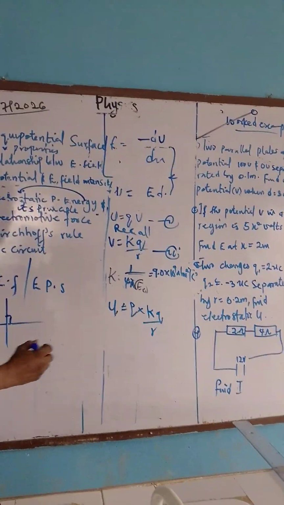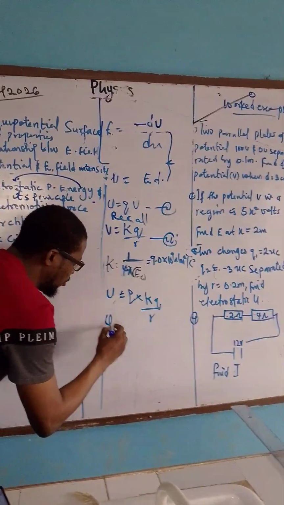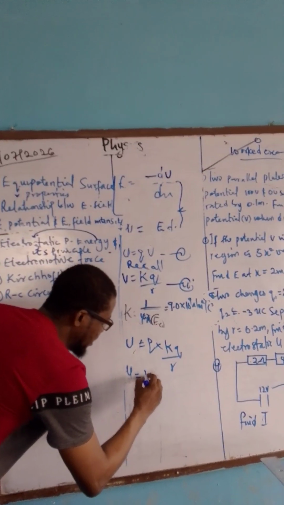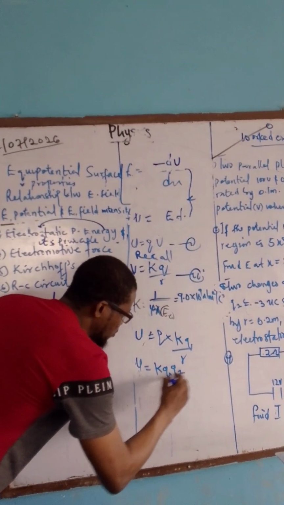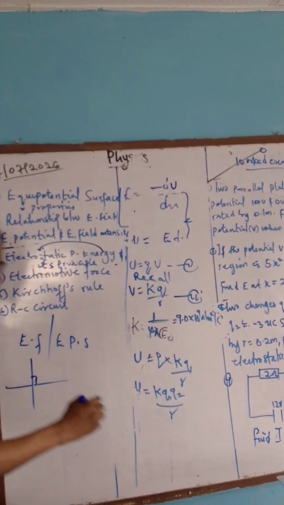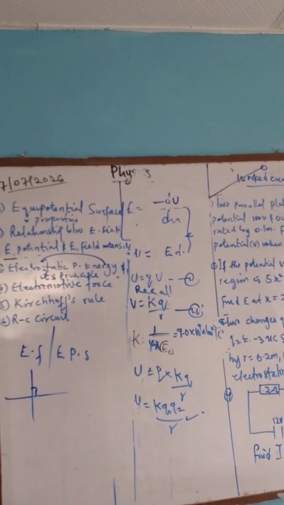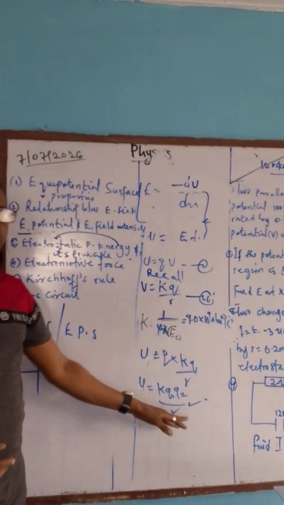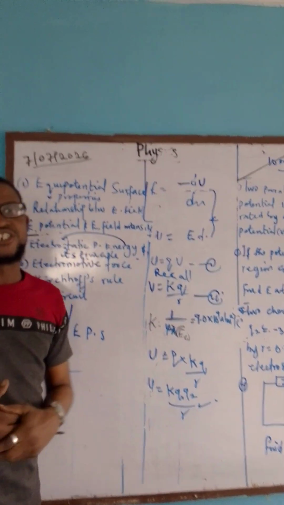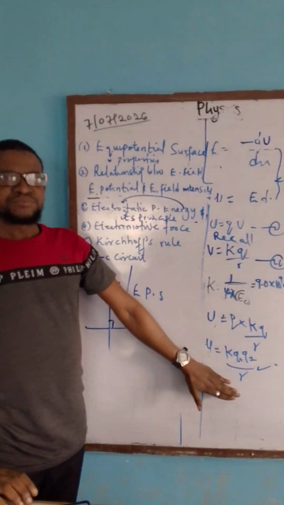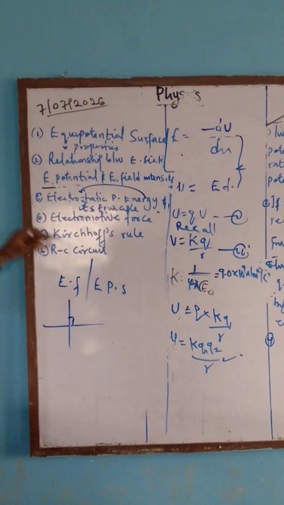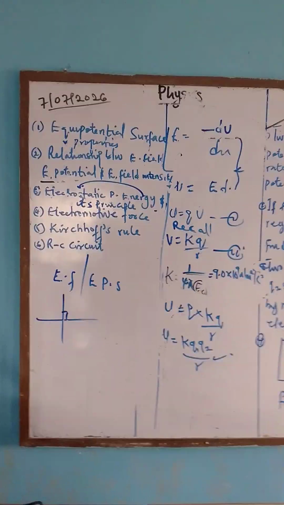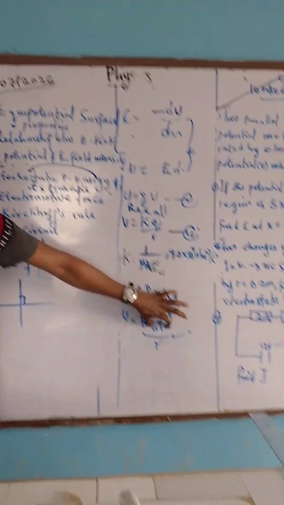So most of the time you'll be saying that this is the formula for electrostatic potential energy. They will say K Q1 Q2 over R. Please note this formula. This is the formula we use, and this is how we generate it. You may be asked to solve using the formula. You may be asked to show how the formula is generated. So this is the formula we always use when we are calculating electrostatic potential energy between two charges.